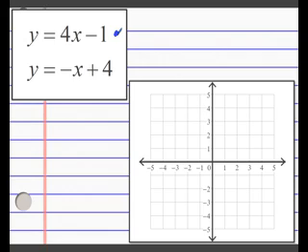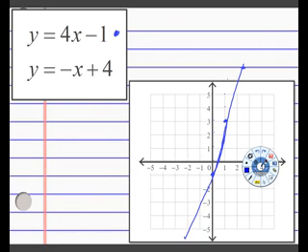We're going to go to our negative 1, put our dot there, and our slope is 4, or 4 over 1, so we're going to go up 4, to the right 1, up 4, to the right 1. Obviously went off the graph there, but that's okay. Going to do the best we can to do a straight line.